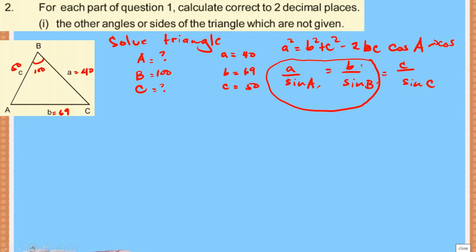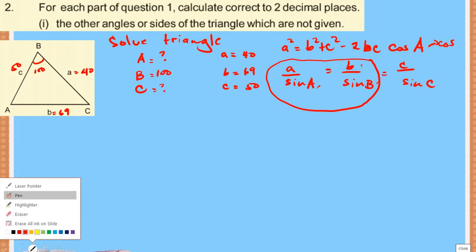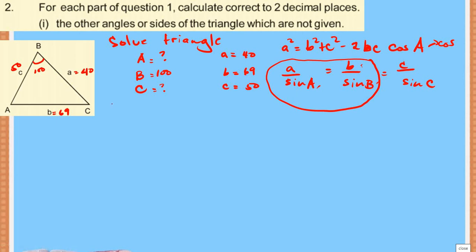So that would be A over sine A is equal to B over sine B. Now, we substitute the values here. A is given at 40. Sine A is unknown, so we just place it there.